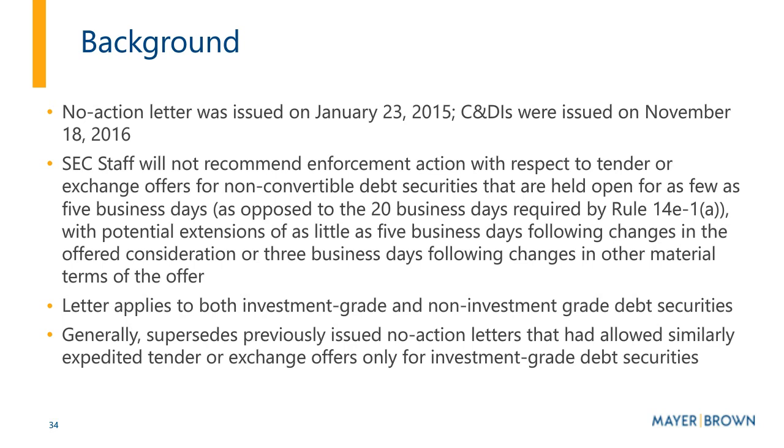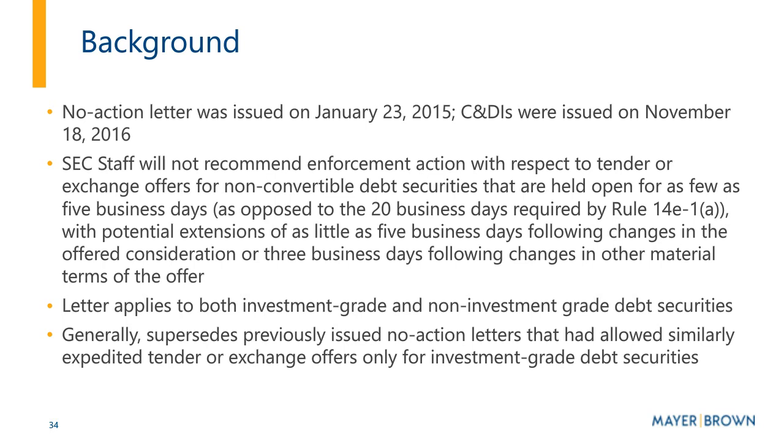And unless an issuer is unable to meet the conditions for the relief, it supersedes that prior 20 to 30 years of no-action letter guidance on expedited tenders and exchanges for investment-grade debt securities. So it's very useful.